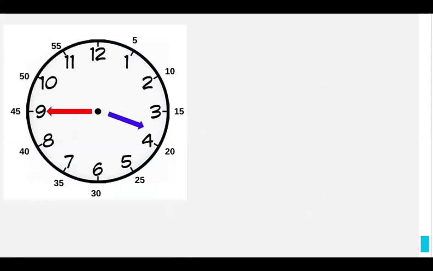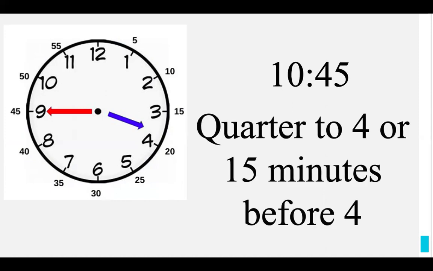Okay, how about this one? The short hand is on 4. The long hand is on the 9. So we can say it is 3:45. So sometimes you will hear it is quarter to 4, or 15 minutes before 4 o'clock. Okay, why is it before? Earlier we said after, because you are after going through the hour.